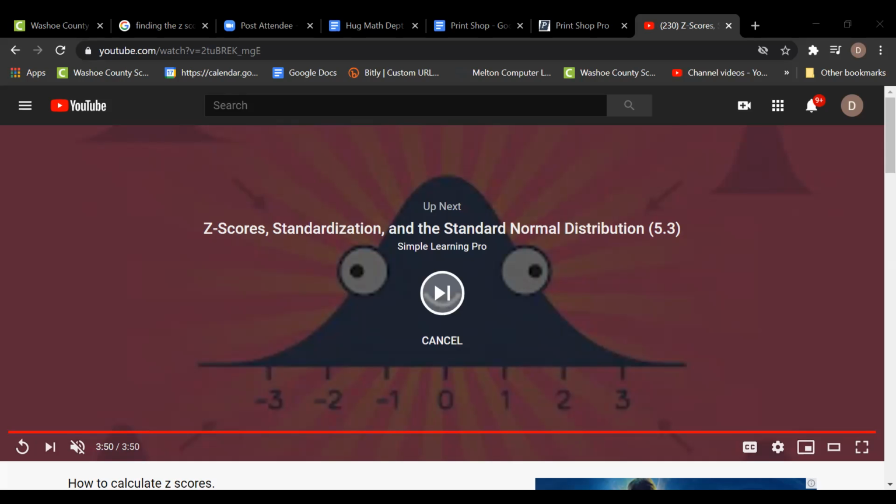That means if I find the shading of the dog that weighs 60 pounds, it's going to be all the way over here, from the left side all the way to the right side. That's going to represent 99.97%. Okay, so that is one big dog. Now go ahead and do the same thing for B.